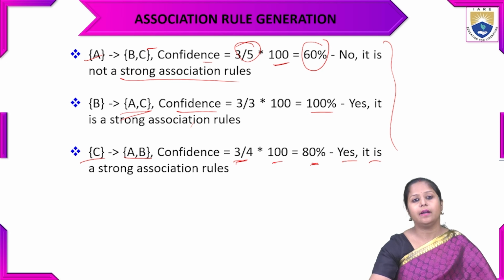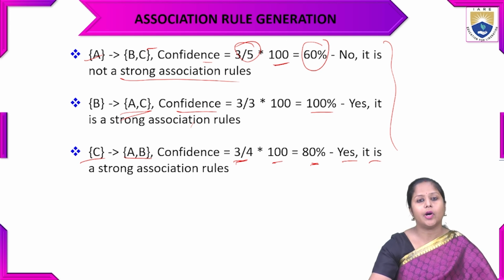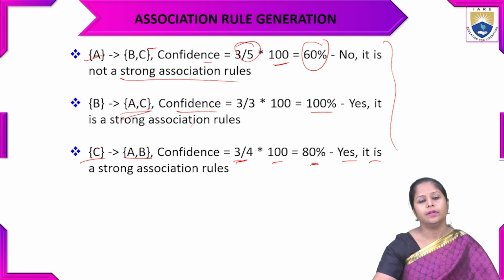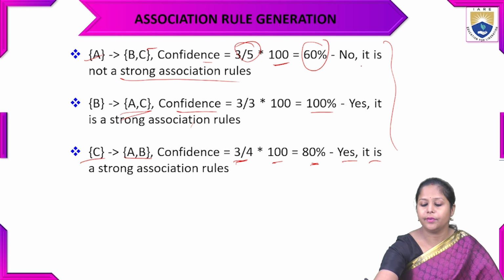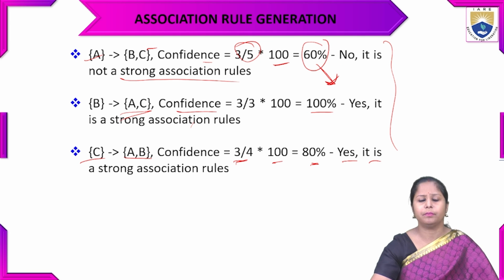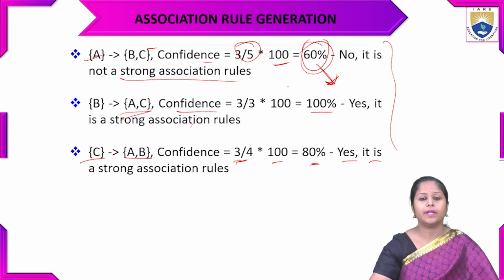So after that, we know how to generate the frequent item sets and how to write association rules for them. What are the valid association rules? Here we have seen that if the confidence is more than 50%, but that is 60% only, that is not a strong association rule.